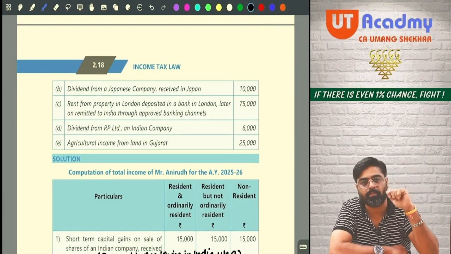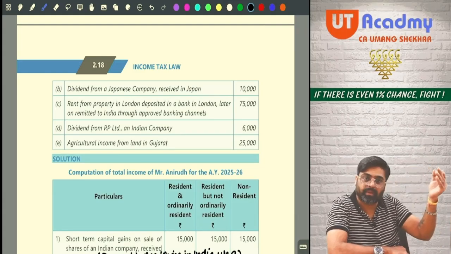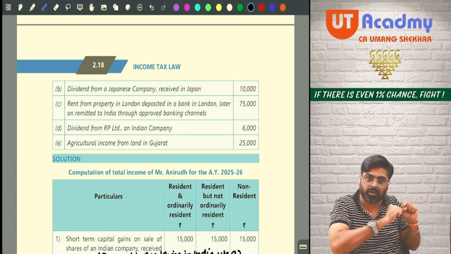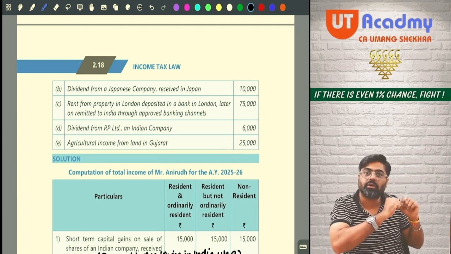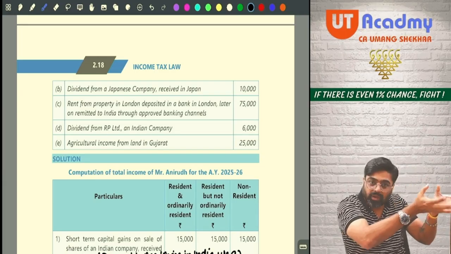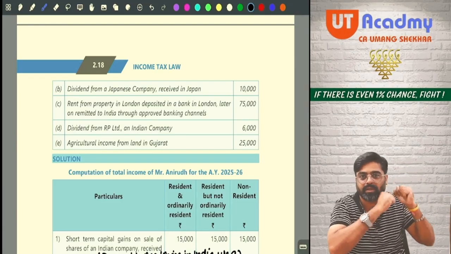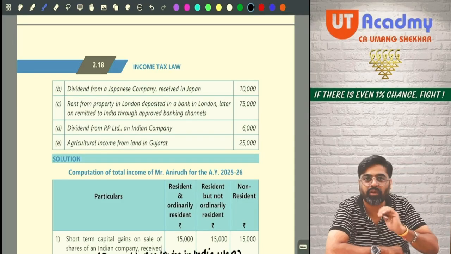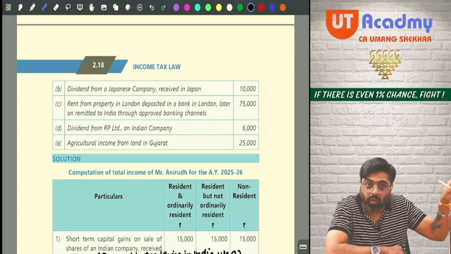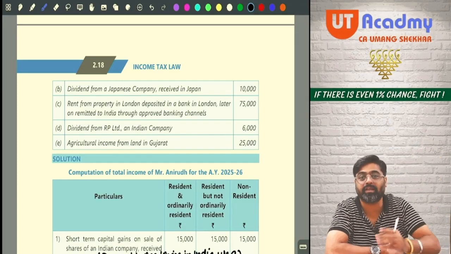Tell me, where is the company? Japan. So Japanese company's shares you have bought. Shares will be in Japan because the company is in Japan. So on those shares, whatever dividend gets accrued, can I say that is accruing outside India? Yes or no? And accruing outside India as well as receiving outside India. See, received in Japan.